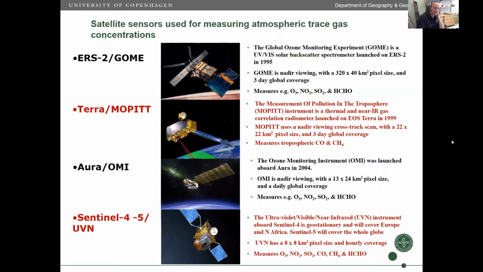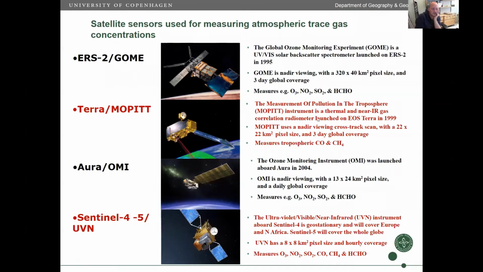So here you can see some of the most common satellites and satellite sensors used for remote sensing of trace gas concentrations. I'm not going through them in detail, of course, but what you generally can see is that the older the sensor, the larger the spatial extent of the pixel sizes.